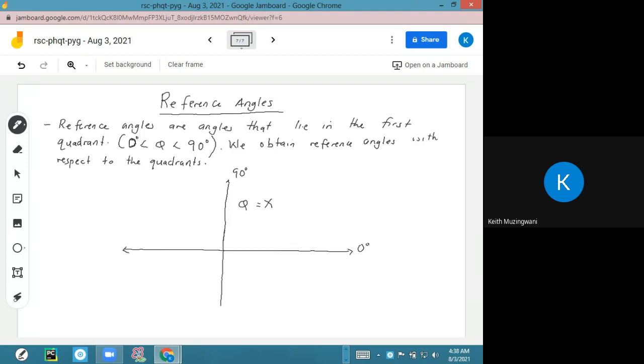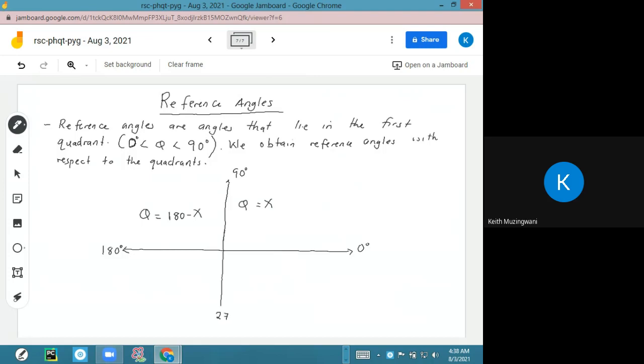But if you are given x in the second quadrant and they ask you to find the reference angle theta of x, you say theta is 180 minus x. Remember, our target is to find theta that lies between 0 and 90. So if an angle is beyond 90 but less than 180, the only way you can find the reference angle that is between 0 and 90 is to subtract: 180 minus that angle.